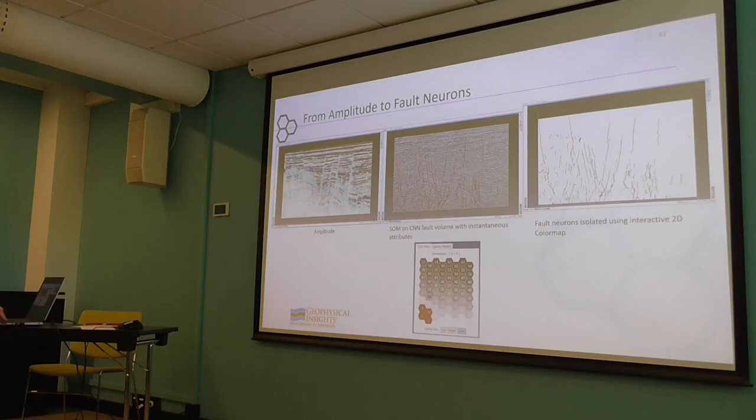Here's an example of that semi-supervised machine learning technique I talked about. In my self-organizing map, I use both stratigraphic attributes and fault attributes. Coming out of that fault CNN, you don't just have the fault probability cube, you have the fault azimuth cube and the fault dip cube. So you can use that to separate east from west dipping faults. You get different stratigraphic or structural regimes, or you have faulting in one direction and faulting in another direction at two different geologic time periods.